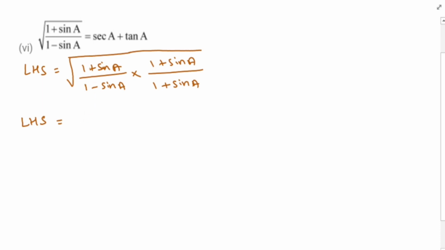In the numerator it is the same as (a plus b) into (a plus b). Therefore it is (a plus b) whole square, divided by, in the denominator, (a minus b) into (a plus b). Therefore a square minus b square, all under square root.